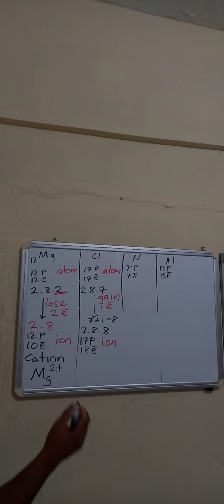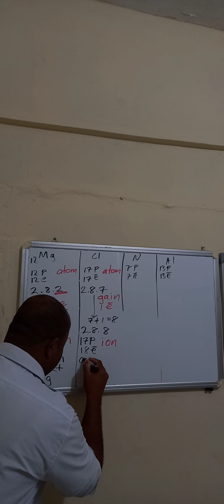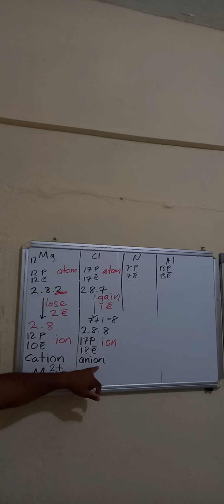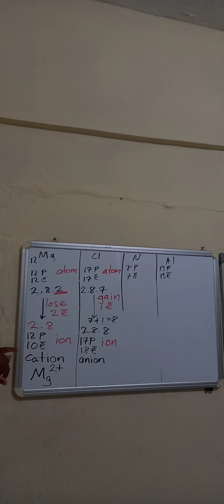The amount of electrons is greater. Therefore, you are going to get a negative ion. That's the anion. So when the amount of electrons is greater than the protons, you get an anion. When the amount of protons is greater than the electrons, you get a cation.